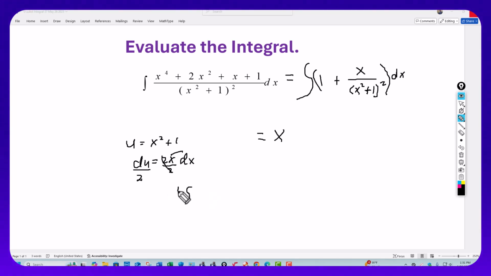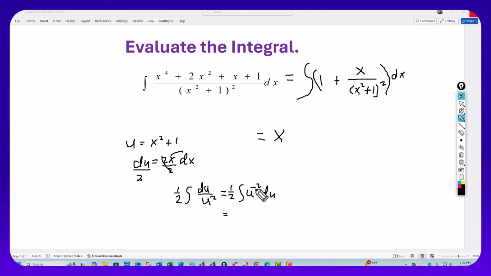I'll put the 1/2 out in front here. This will be du, and the x squared plus 1, that's your u, so this would just be u squared. Be 1/2 here. Take the u squared to the numerator here. This will be u to the negative 2 du. And then we integrate with respect to u.